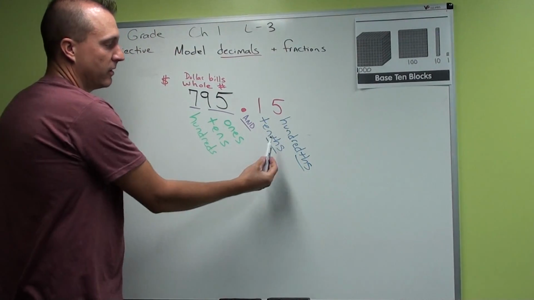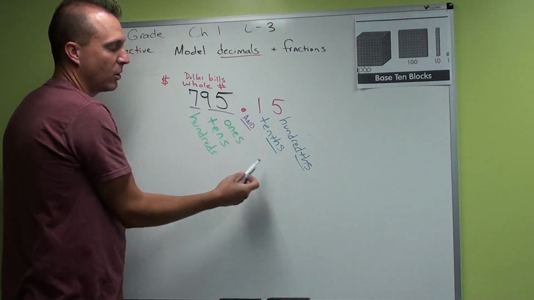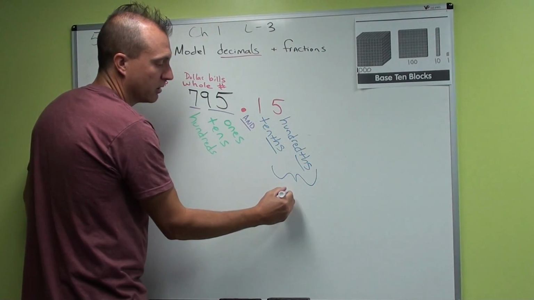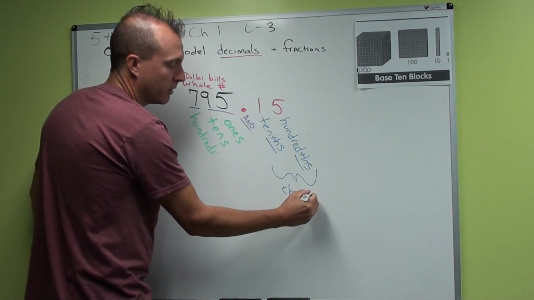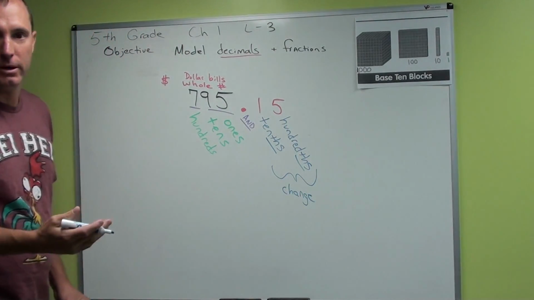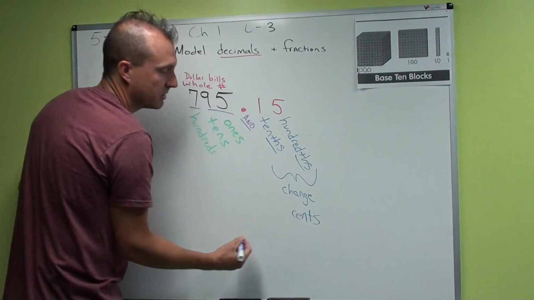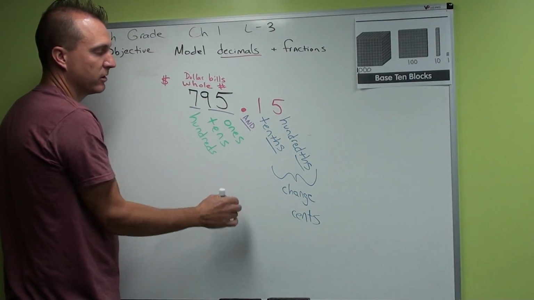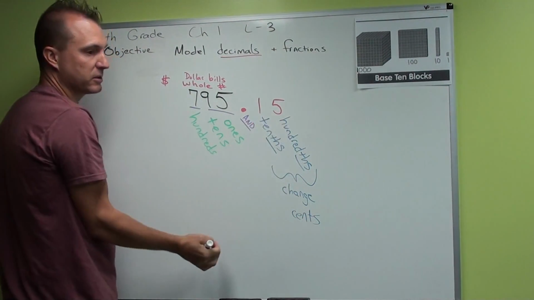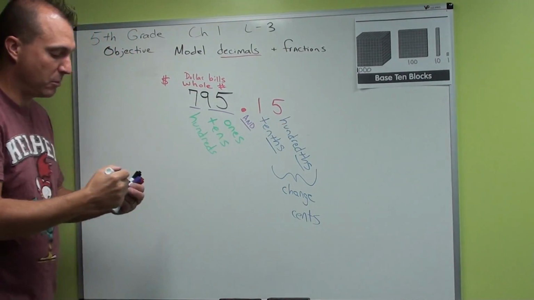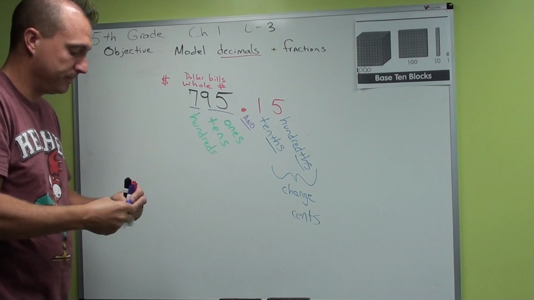So the hundredths, those two decimal places would be sort of like your change if we were talking about money. We can also call that your cents. Because change or cents is in two decimal places. And that's your tenths and your hundredths. But this does go out further. And we'll work on that as we move forward.